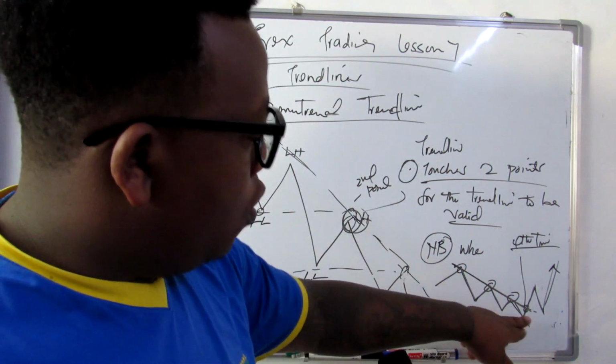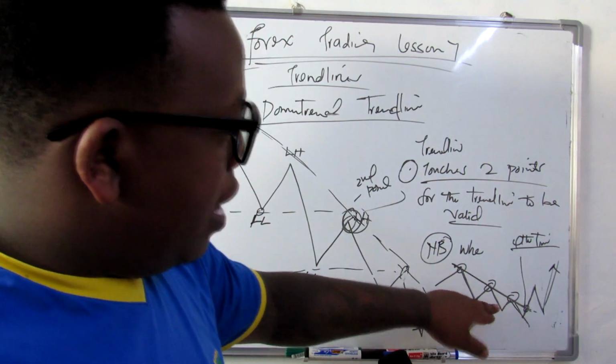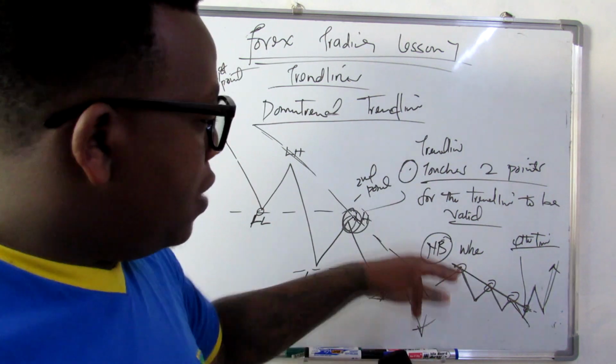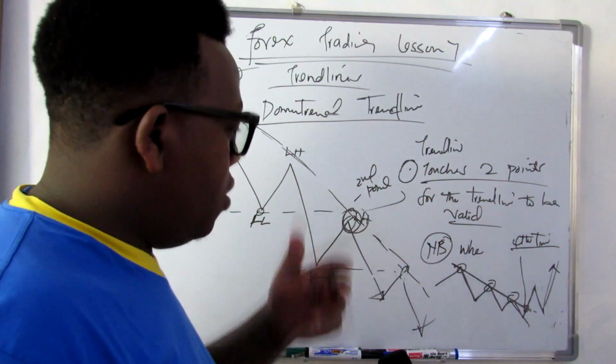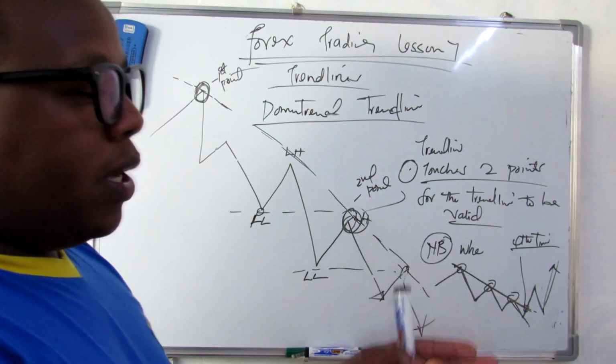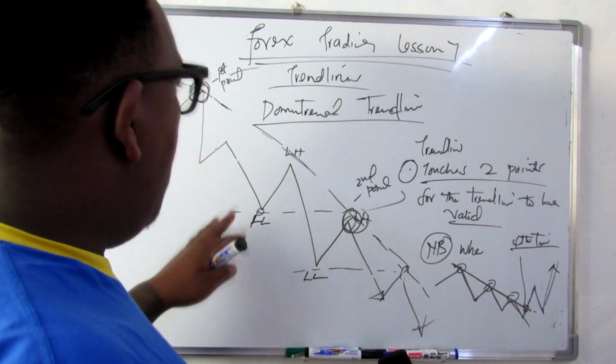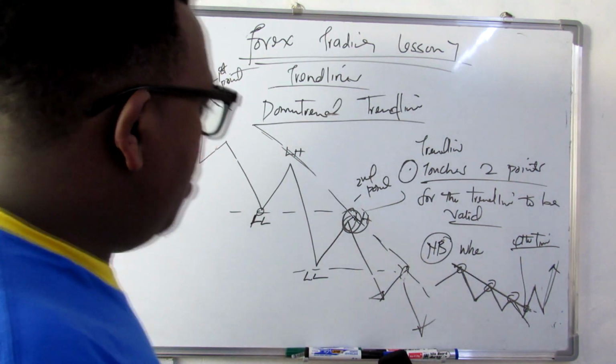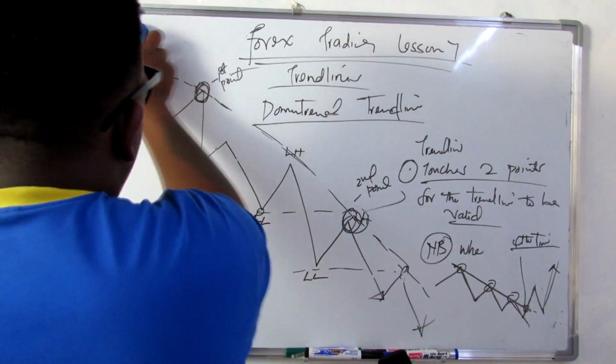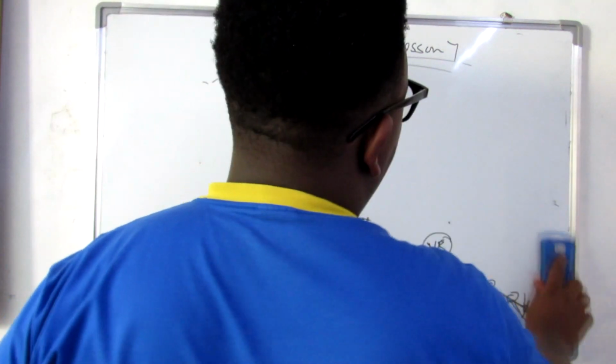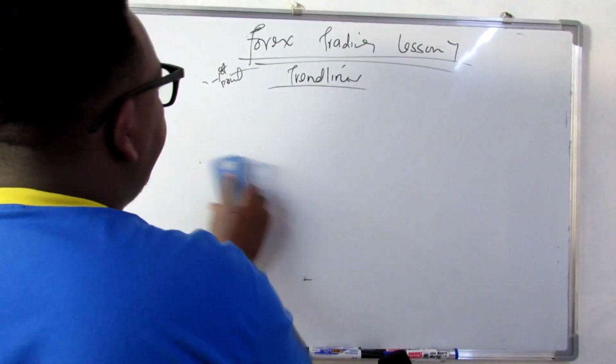So it's important for you to understand this, and develop an eye for seeing these opportunities in the market. Once we get to the charts, I'll be showing you, and hopefully you'll remember this concept. So let's look into the last one, which is the ranging or the sideways trend lines.